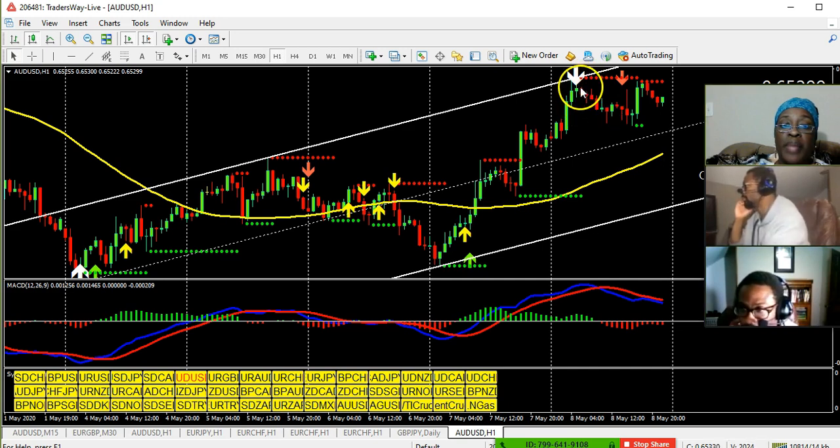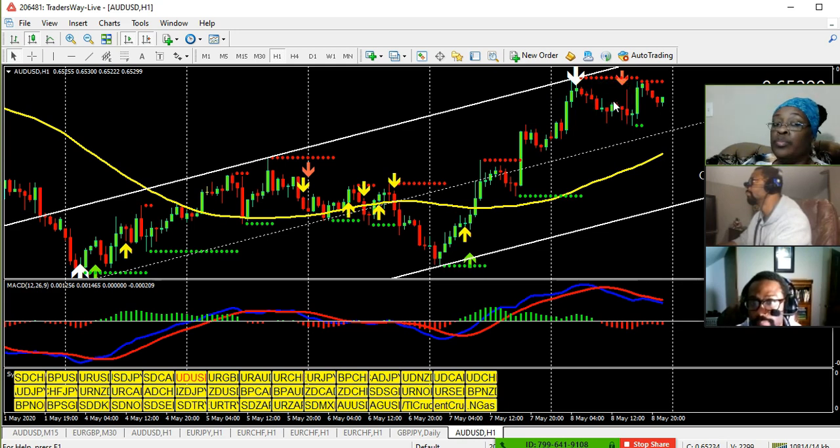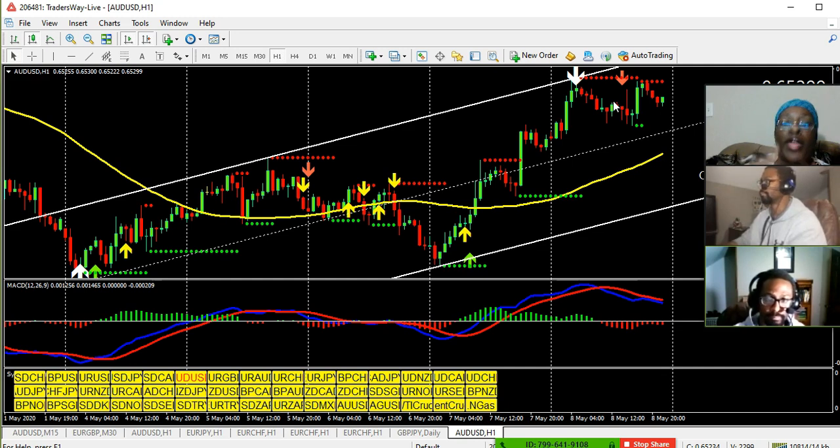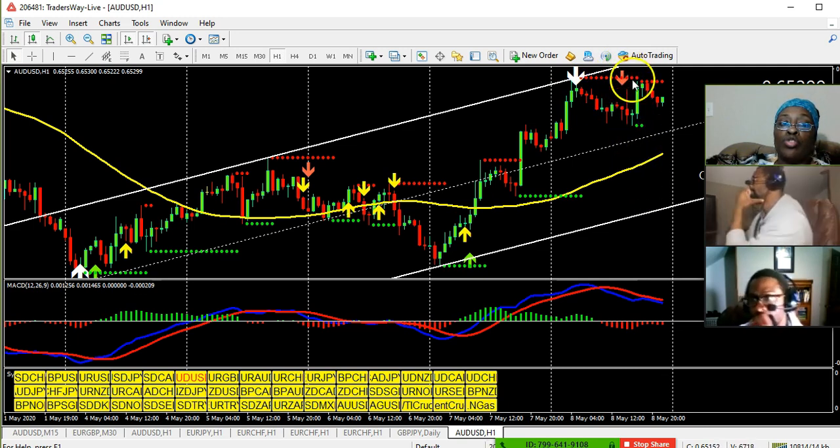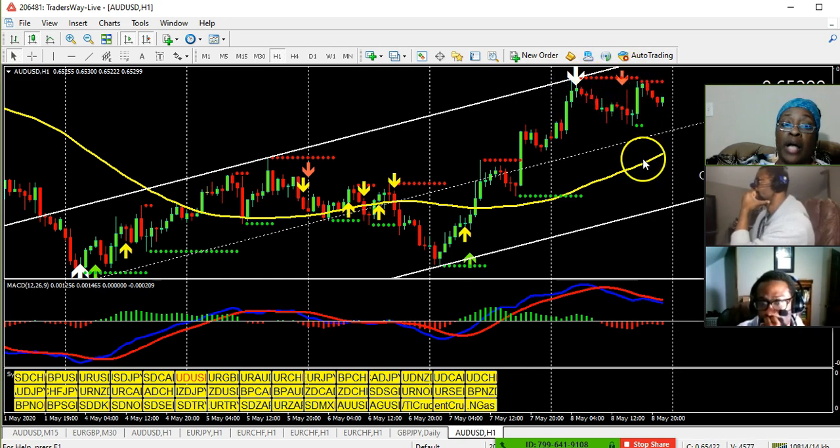So that's the big arrow. When we have the two small arrows that populate, in theory, the trend has begun. So if this is bearish, it wants to go down. We know it wants to go down, and eventually it will. So when the two small arrows populate, in theory, the momentum in that trend has begun.